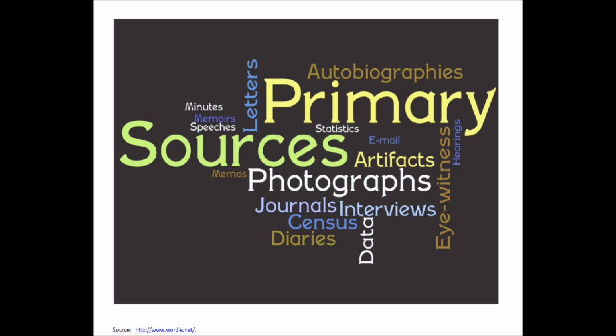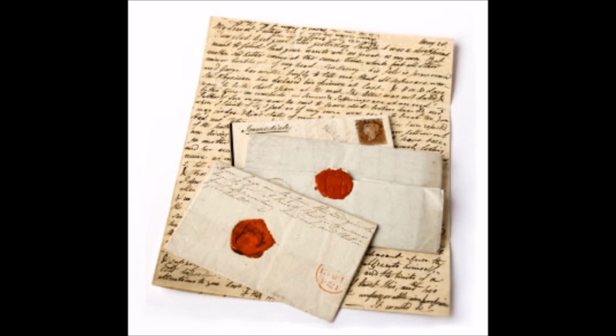When we talk about primary source documents, we talk about the original material that was produced during the time period that we're examining. So for a literary analysis, that's going to be the original story or novel or poem or play. If you were looking at something like history, it might be an original letter that someone wrote. It just means that it's during that time period.